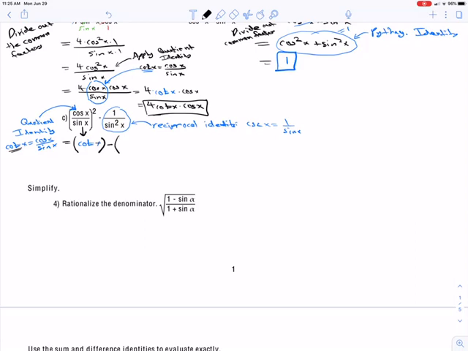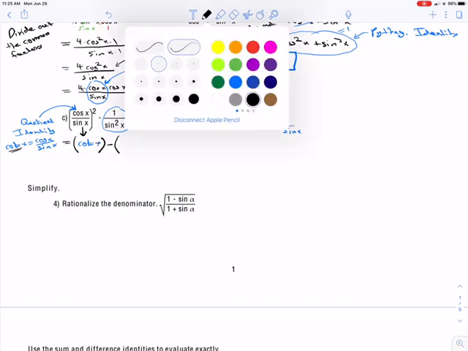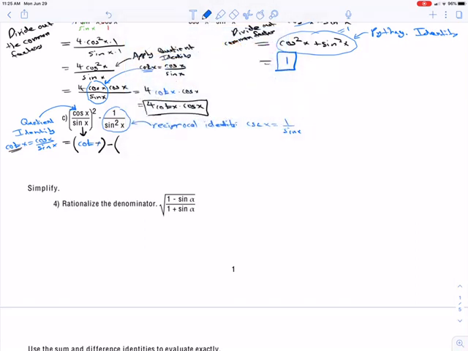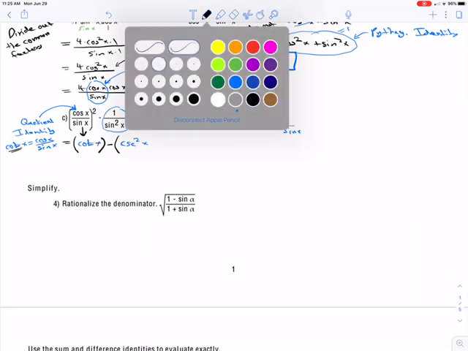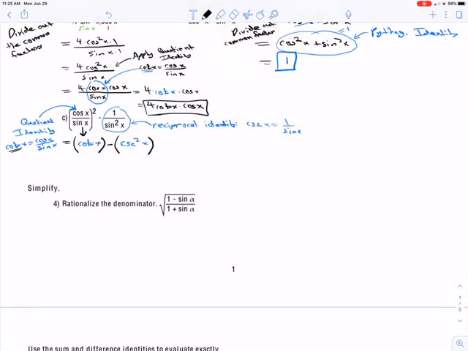Well, 1 over sine squared, we know 1 over sine is cosecant, so 1 over sine squared is cosecant squared x. So replacing it, we're using our reciprocal identity. So we've eliminated the fractions altogether. And remember, this is squared here, cosine over sine squared, so that's cotan squared. So simplifying down, I have cotan squared x minus cosecant squared x.